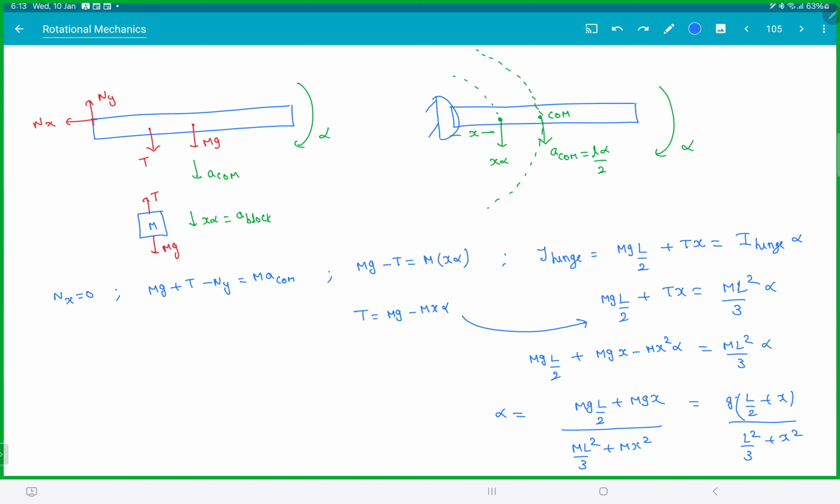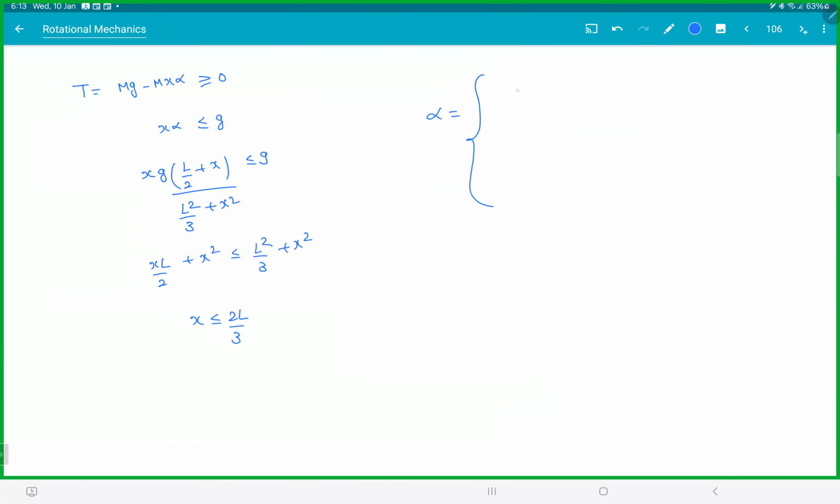If you exceed 2L by 3, the point of connection is going so fast, the string will just become loose. So this would be g L by 2 plus x, by L square by 3 plus x square. This is right for x less than 2L by 3.